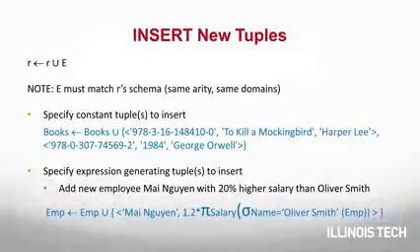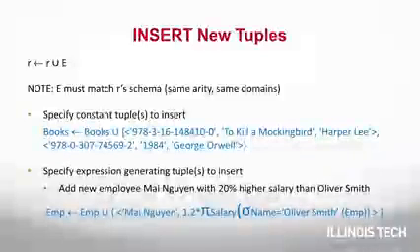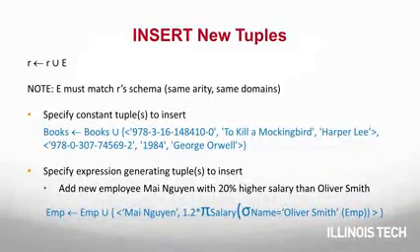So to expand a little bit, if we want to add new tuples, we say R will be reassigned to R union E, where E contains those new tuples that we want to add, with one very important condition. The tuples in E must have the same schema as R. That means they have to have the same arity, which means the same number of attributes, and those attributes have to have the same domains.